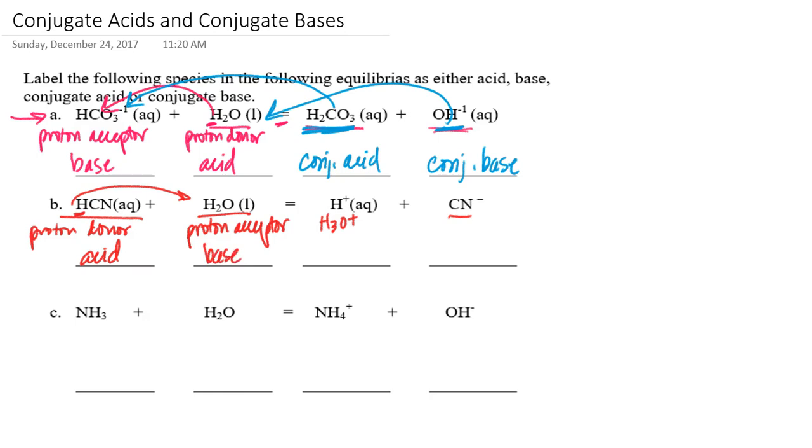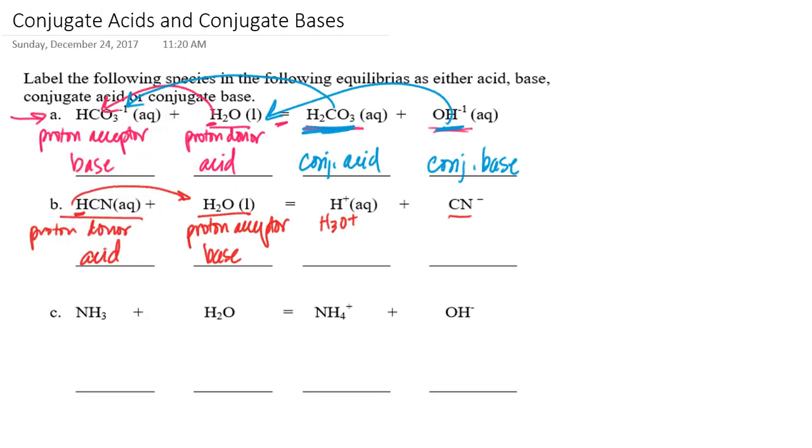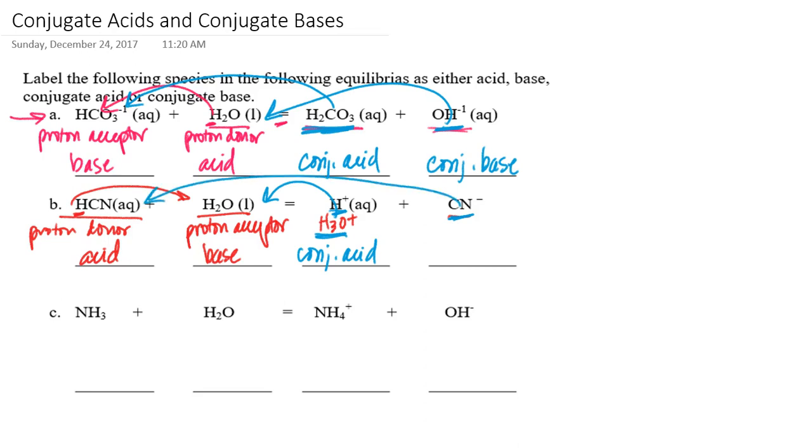Now, if we look carefully in terms of what's on the product side of the reaction, the hydronium ion, or the hydrated proton, is actually the conjugate acid to the water, which is acting as a base. Meanwhile, the cyanide ion is what remains after hydrocyanic acid donates its proton, and so that makes the cyanide ion the conjugate base of hydrocyanic acid.